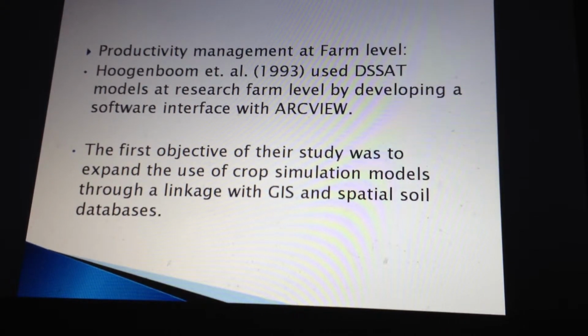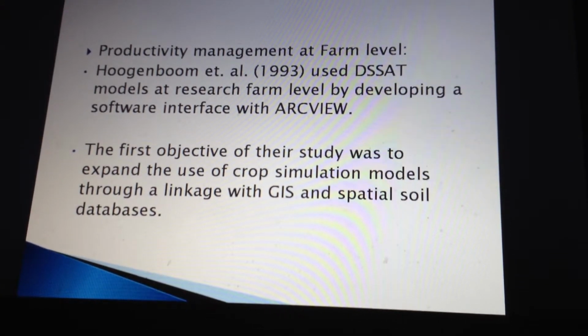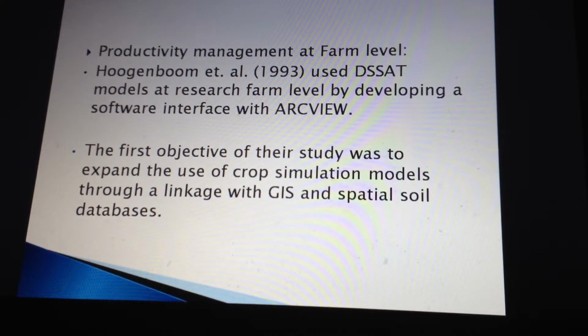Productivity management at farm level. Ho Jin Boom 1993 used DSSAT models at research farm level by developing a software interface with ArcView.